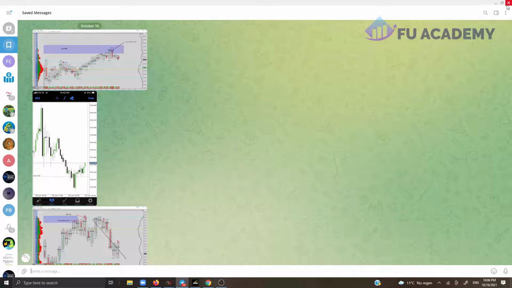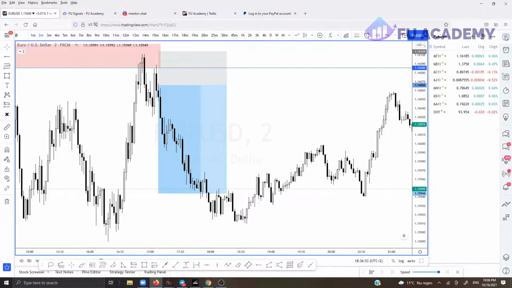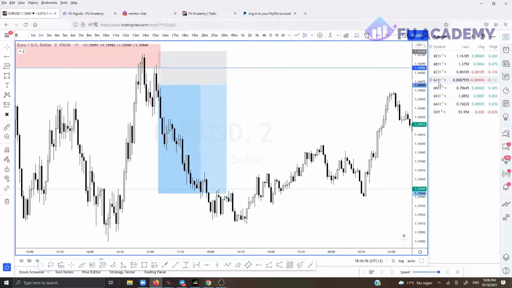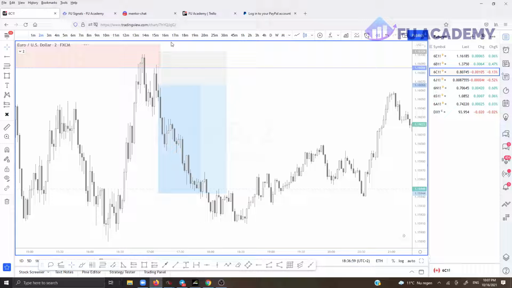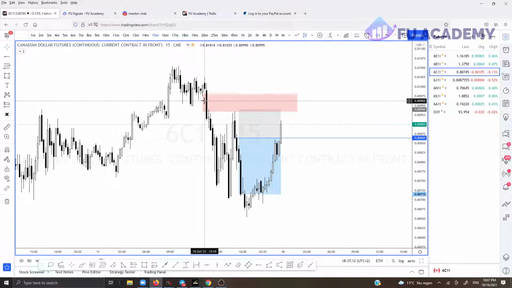So I hope I could give you some value from this lesson. What we are doing here, whether from the forex chart or the futures chart: first, find a nice imbalance, wait for the price to reach that imbalance, and check whether that imbalance is valid from the order flow tool, because otherwise you cannot validate whether there really are stacked orders or not.